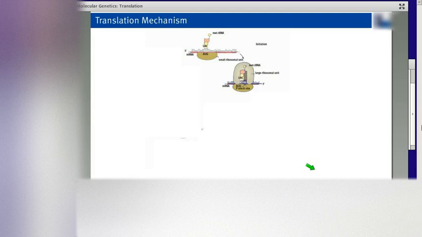Now, once it gets to the start codon, what else happens? What needs to happen now? It encounters a start, and then what happens?